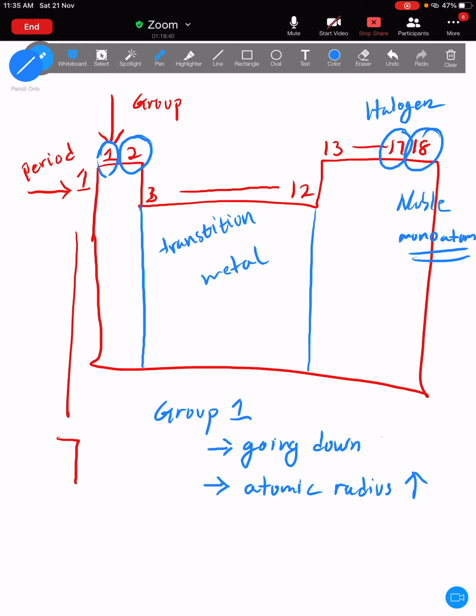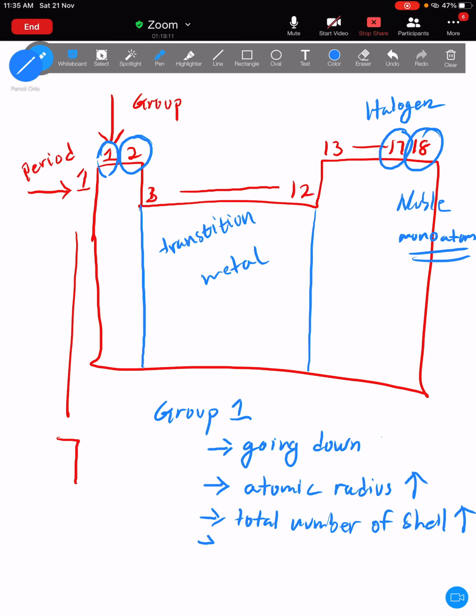When the atomic radius increases, this indicates the total number of shells occupied with electron increases. Jumlah petala yang mengisi elektron bertambah.